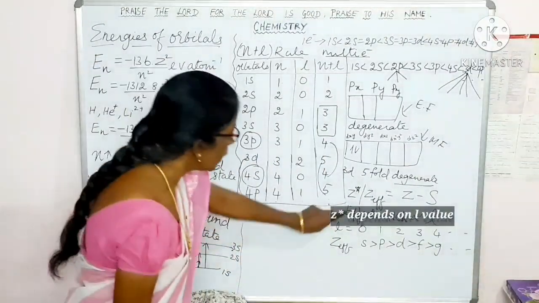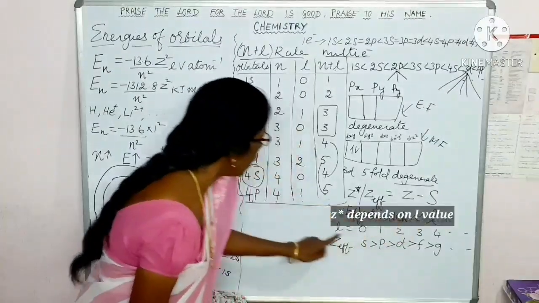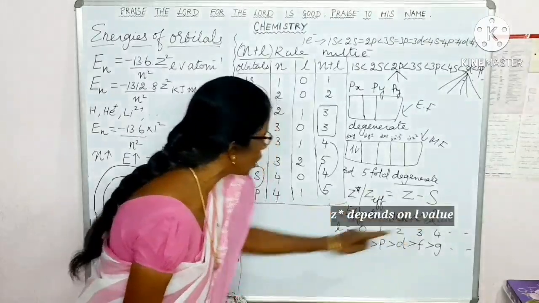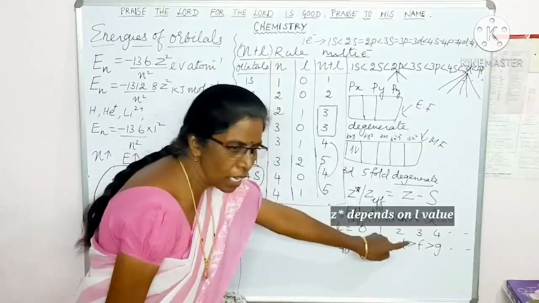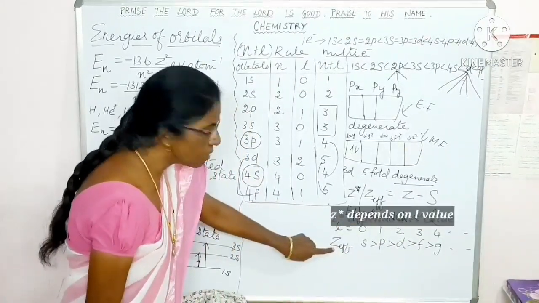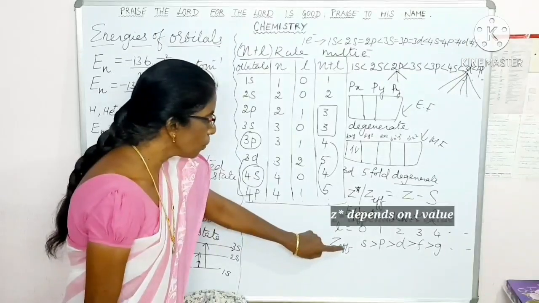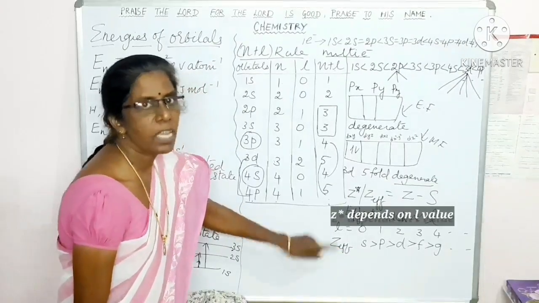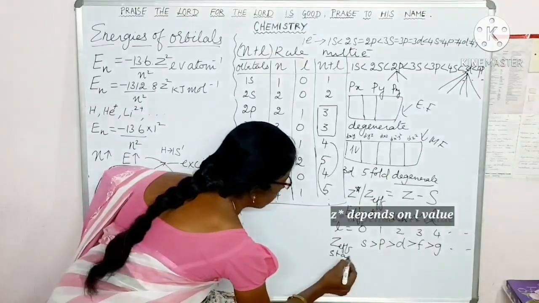So what I said, this effective nuclear charge depends on the azimuthal quantum number. As you increase the azimuthal quantum number, effective nuclear charge will decrease, and this says the stability of the electron also. When your effective nuclear charge is greater, stability also will be greater. For stability also I can give the same order.